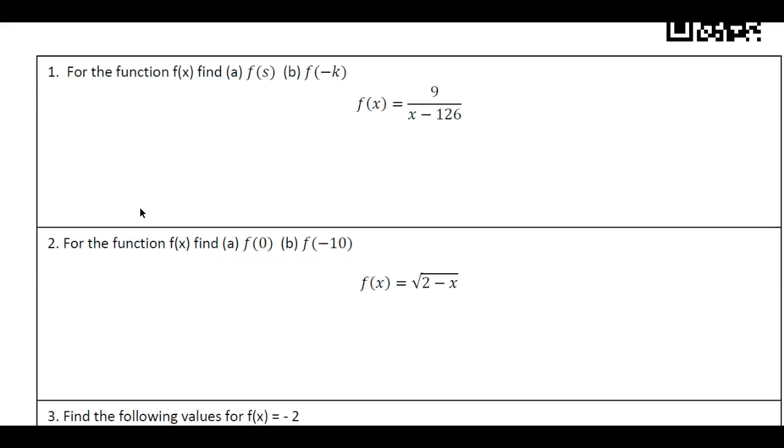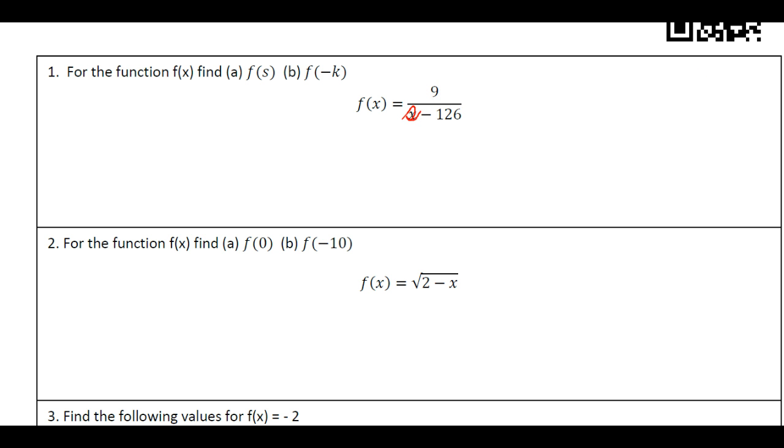To actually do some substitution and then find the functions where we're going to replace our x value here with the s. So this one is rather easy, and we're just going to put an s there, and that is for number 1.